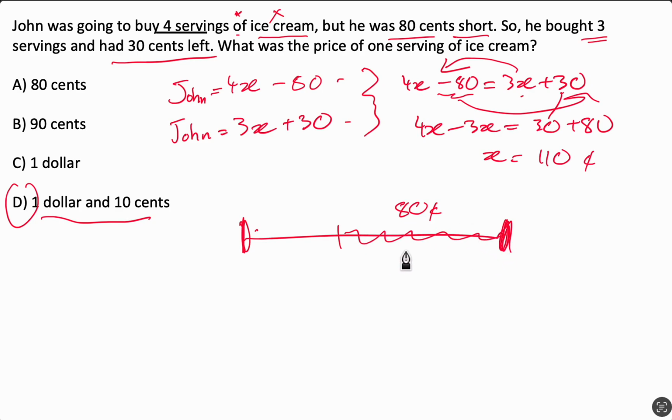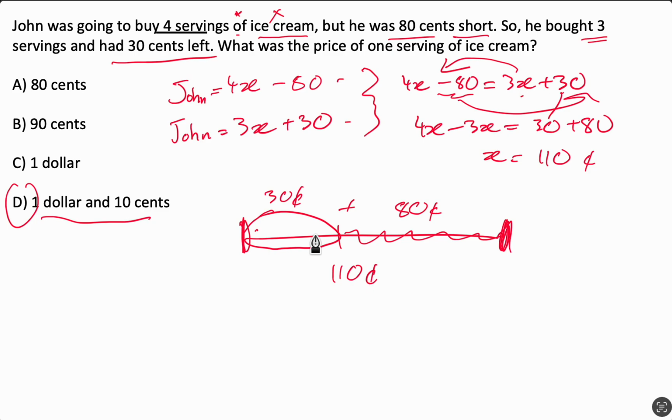But let's say he does not buy this ice cream. Then we know that he has this much left, that's 30 cents. So this whole thing is one ice cream. If he was going to buy this extra one, then he doesn't have this 80 cents. But if he didn't buy it, then he would have 30 cents left. So 30 plus 80, then the cost of this is 110 cents.